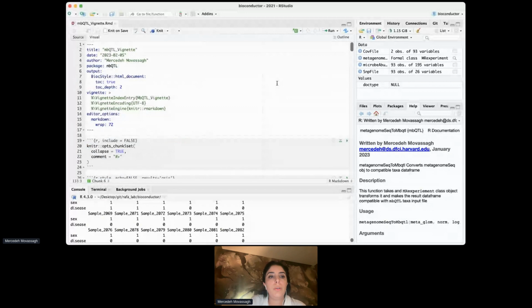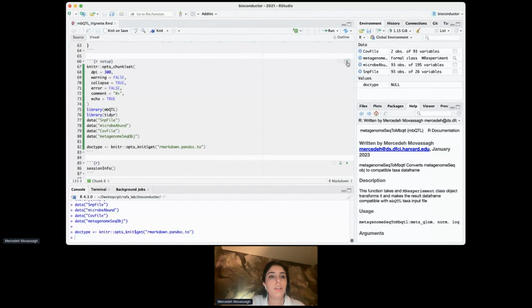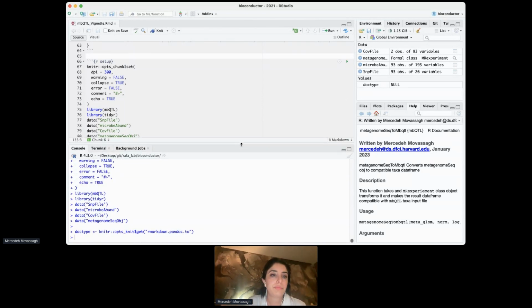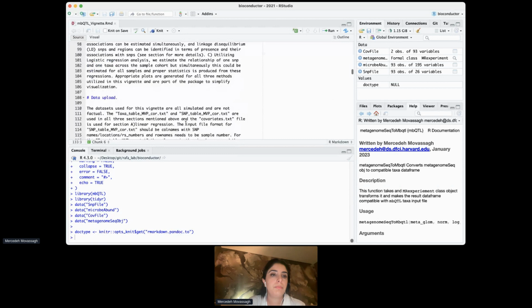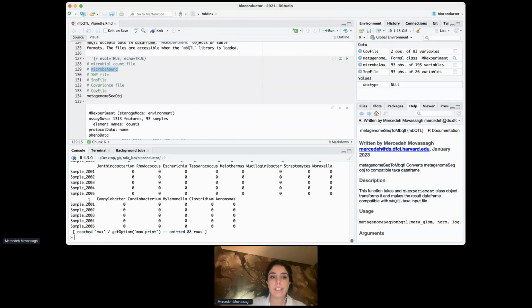Okay, so let's load some libraries and also some of the data, and I'll show you how the data looks. So, for example, the microbial abundance file. As I explained before, your row names are your sample names, and your col names are your bacteria or pathogens.